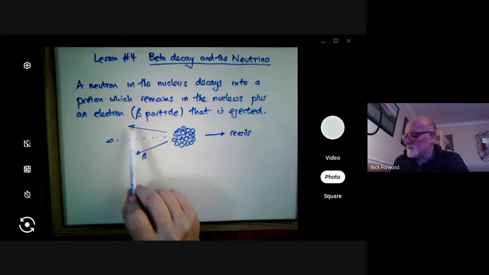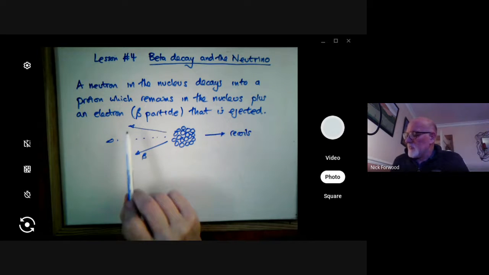That's research which has been going on for some years now, to try and detect neutrinos, capture them and measure them to see what their mass is. We already know that their charge is nothing, but we're not sure of their mass.